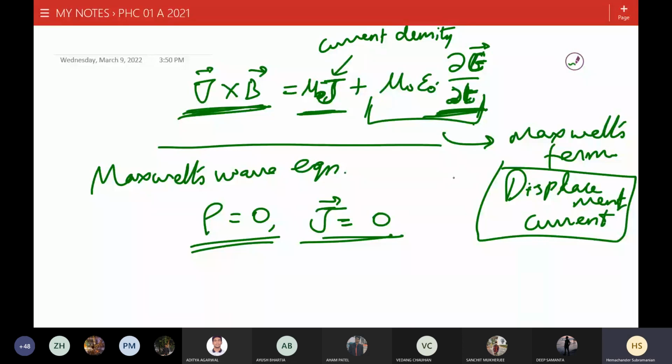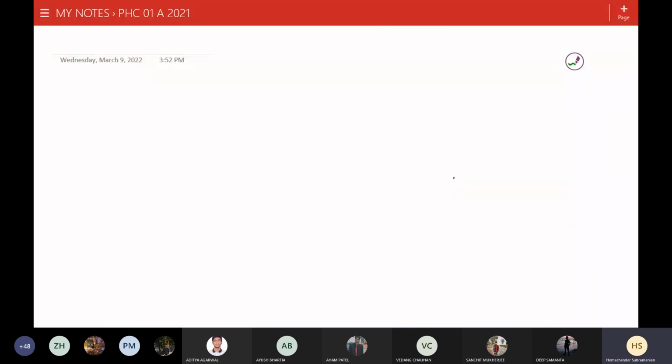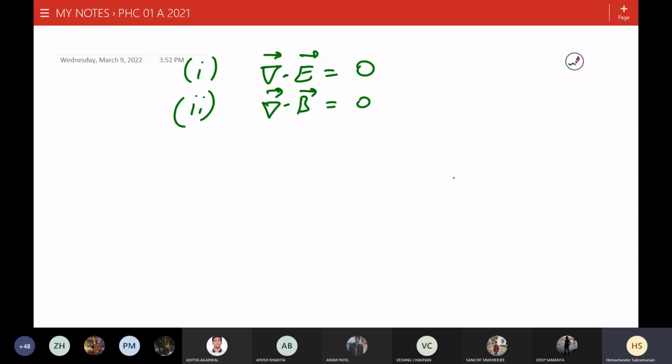Okay, so this is for the special case of no charges, no currents. The first is divergence of E is 0, no charges. Second is divergence of B is 0, which we already know, no magnetic monopoles.